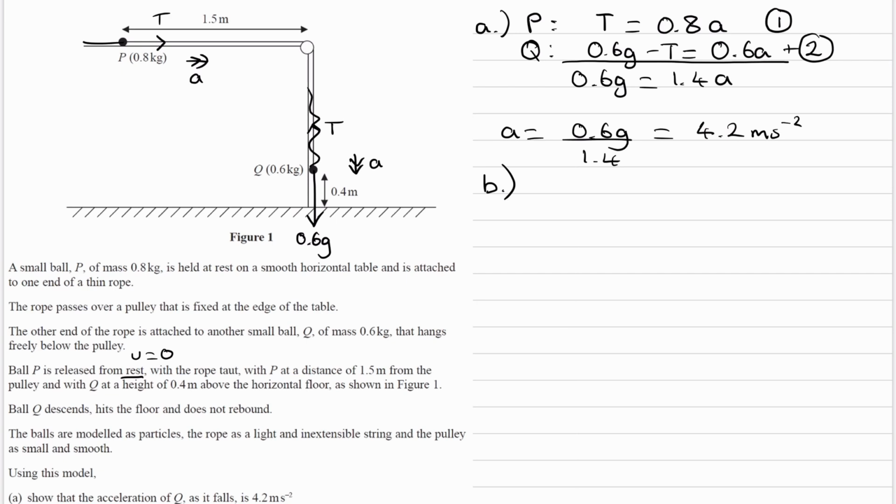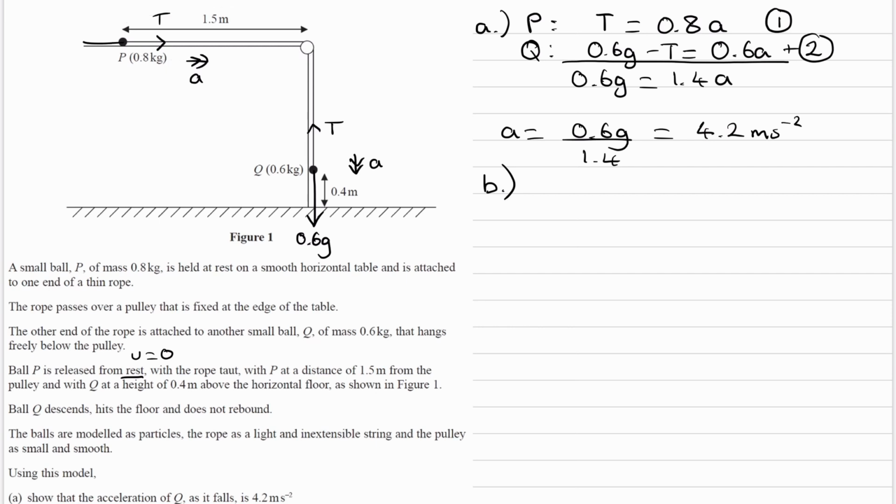As you can imagine, Q is no longer falling, P still has some momentum, so it continues to move towards the right, but the tension in the string will then become 0, as you no longer have Q falling and creating tension in the string. Because the surface is smooth, whatever speed that P has as Q hits the floor will be the speed that it continues to move at for the remainder of the distance before it hits the pulley.